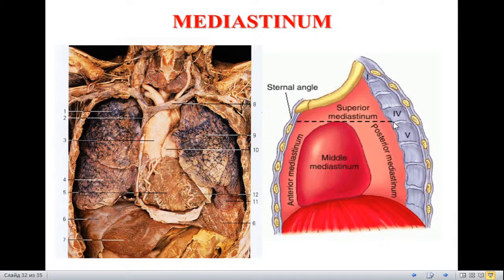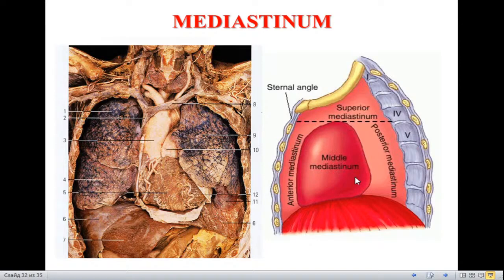Structures superior to this line are organs of the superior mediastinum, and those inferior are organs of the inferior mediastinum.